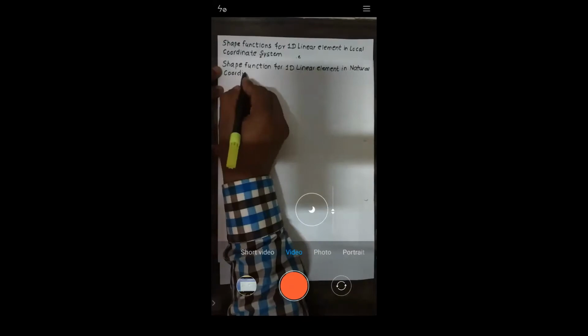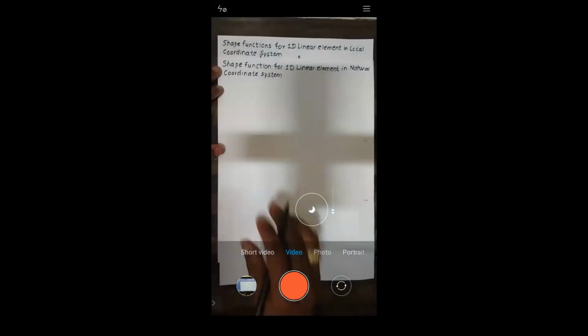Only I have just changed the coordinate system. Now see.